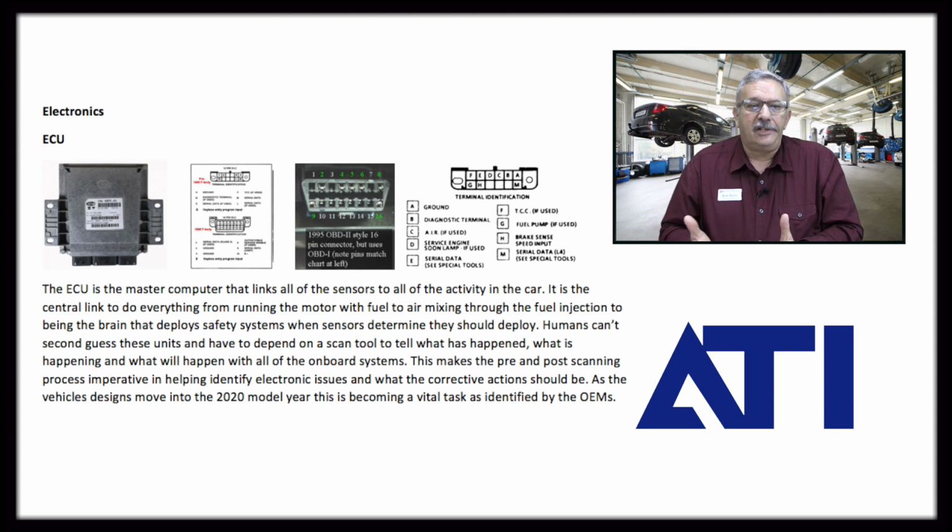So in this, the first part that we look at is the ECU, or the electronic control unit. Essentially, this is the brain of the vehicle. It's the master computer that links all of the sensors, which can be smaller computers as well, all the activities of the car, to one central brain, so that it can tell if everything is operating right, and if it's not, do I send a code, or do I just pull a history code?